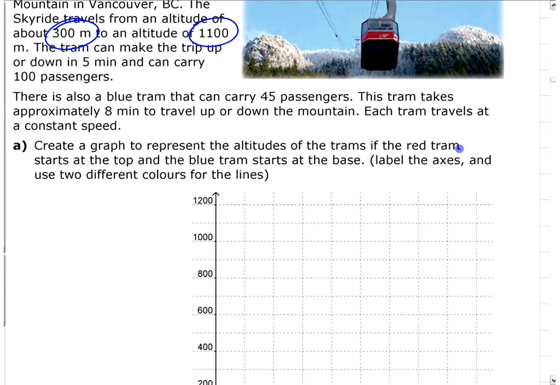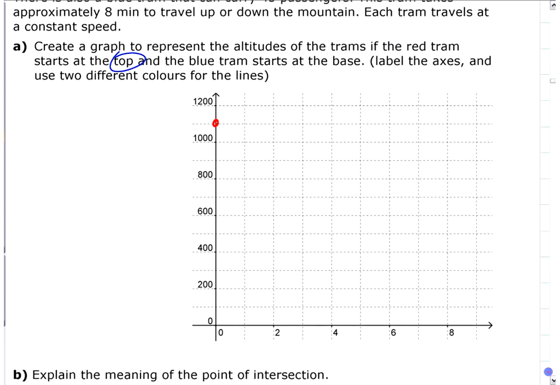Okay, if the red tram starts at the top, it starts at 1,100 meters. Let's do color coordinated here. This starts at the top and ends at the bottom, which was, what's the altitude at the bottom? 300. So, and how long did it take?